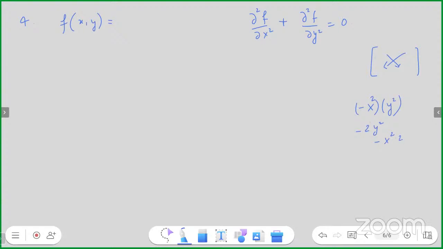So it'll be 2 times x square plus y square minus... Okay, it won't work. x square minus y square, to begin with. Yeah, that will work. But again, individually they're going to 0, that's the problem. Okay, sorry, yeah, that's correct. x square minus y square.